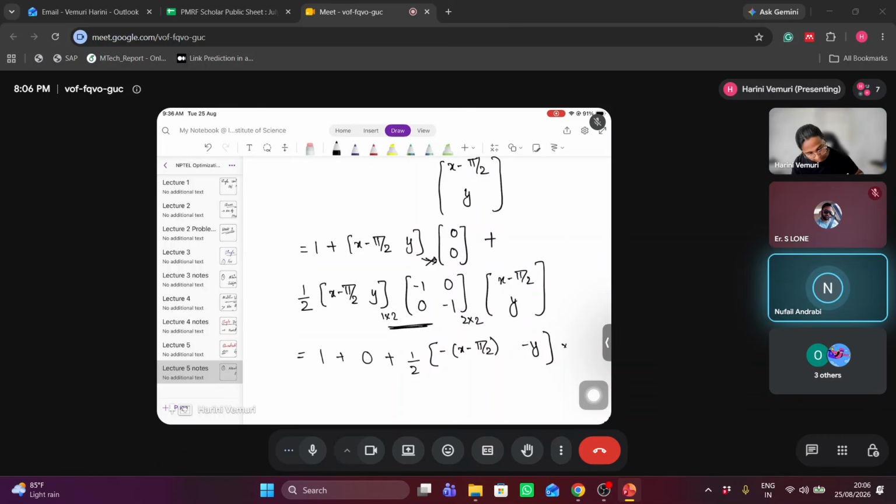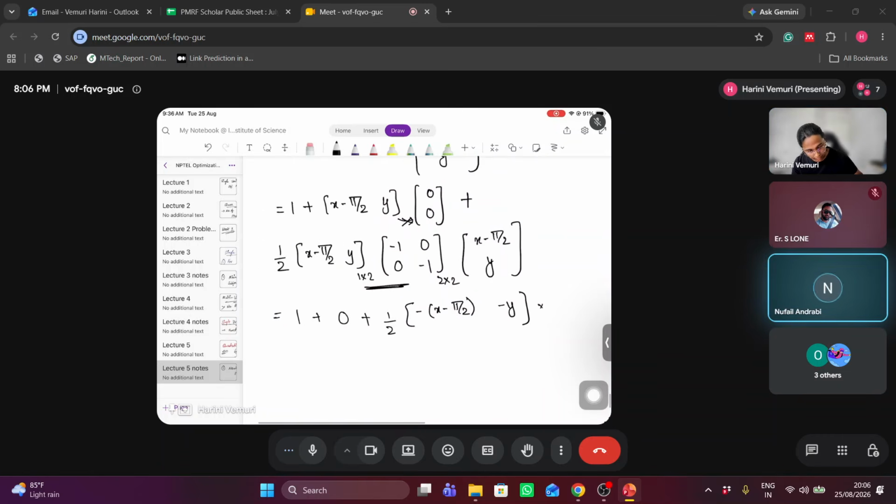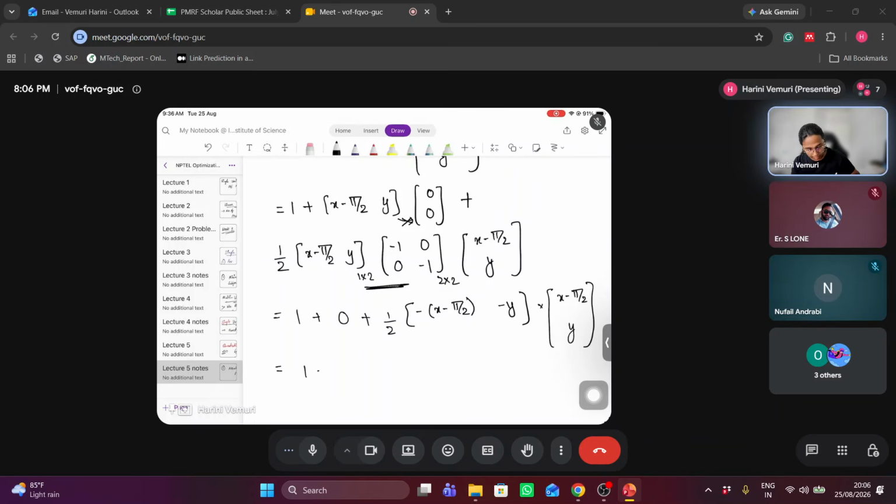Okay, 1 plus, then 1 by 2. Now again we have 1 by 2 and a 2 cross 1 matrix, so we have to do matrix multiplication. For that we will have a 1 by 1 matrix, that is minus of x minus pi by 2 whole square minus y square.